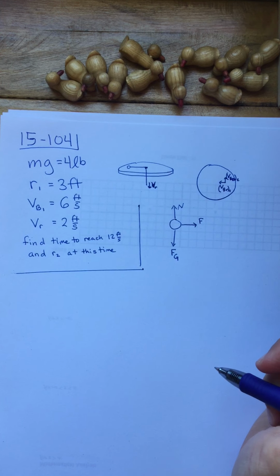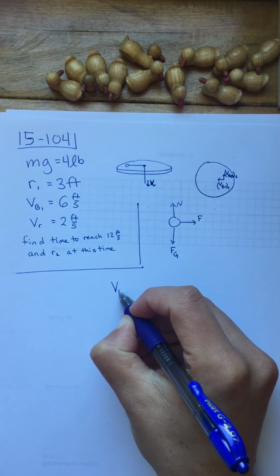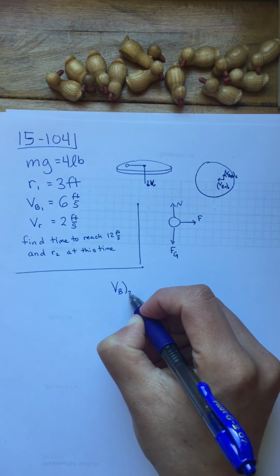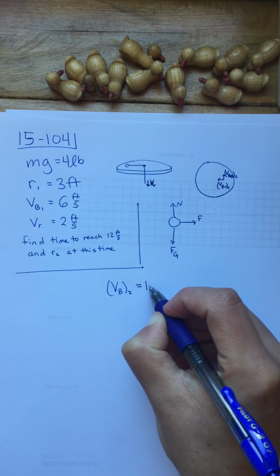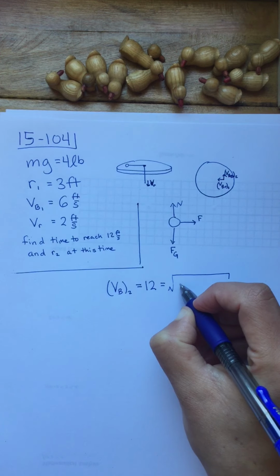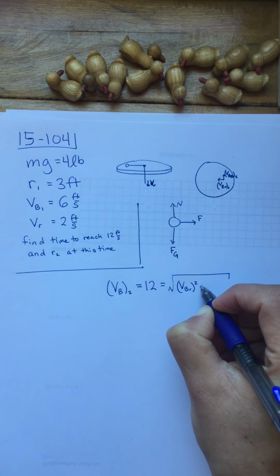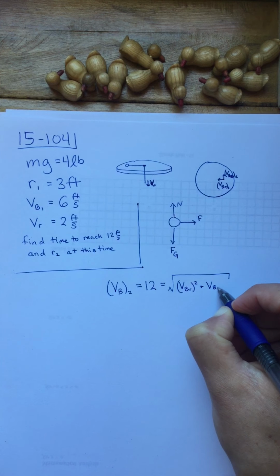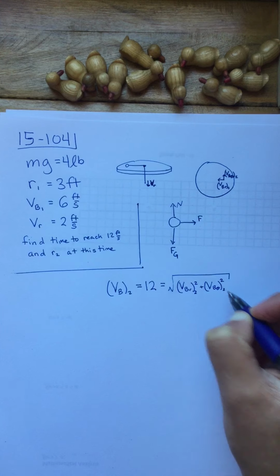They tell me to find the time when the speed of the ball is 12 feet per second. The speed of the ball, v_b2, is equal to 12, but that is the radial component squared plus the transverse component squared.